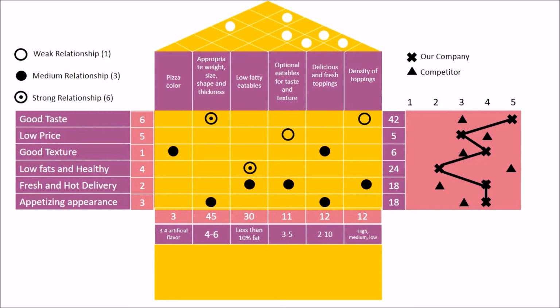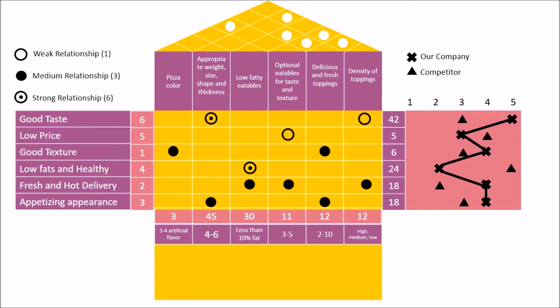In delicious and fresh toppings, you're going to have 2 to 10 delicious and fresh toppings. And density of toppings can be either high, medium, or low. So these are our targets for each of our hows. And now we are going to move on to how well we are achieving these targets, which we are going to indicate in this yellow box at the bottom.